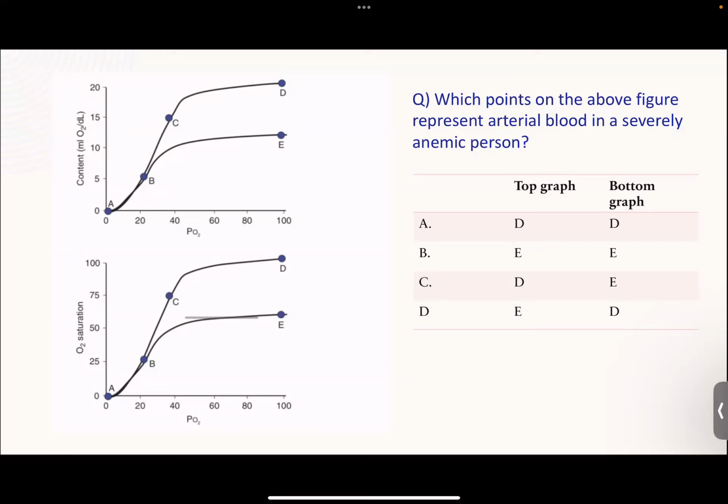So one graph is the concentration, right? This is the concentration, and this is the saturation.